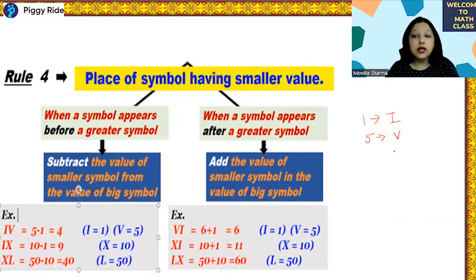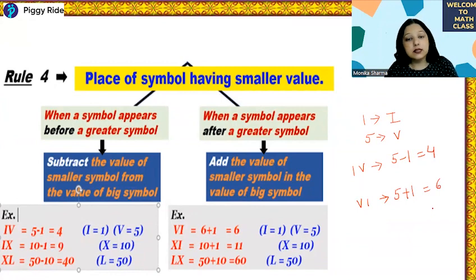So if you write I, which is smaller than V, to its left, then the value will be 5 minus 1, that is 4. And if you write I to the right of V, then its value will be added, that is 5 plus 1 equals 6.